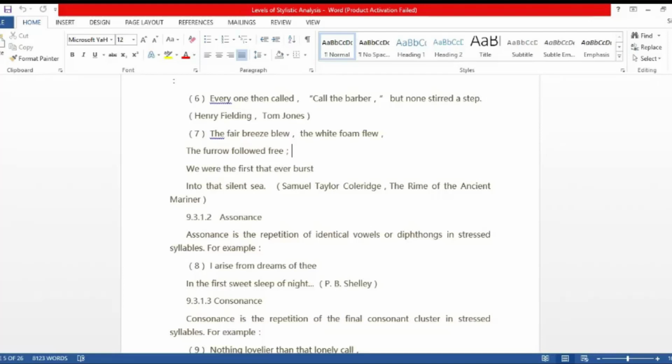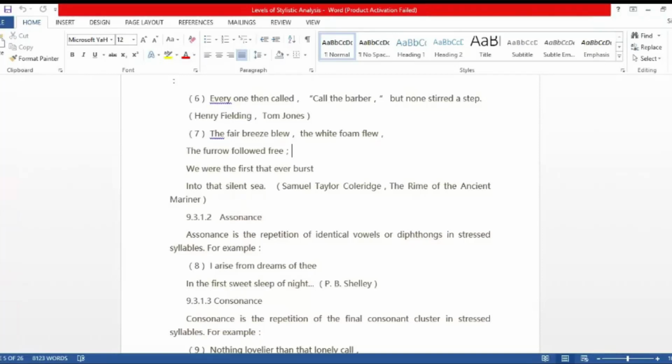If you focus on these lines, the fair breeze blew. Okay, let me listen to it very attentively. Then I'm going to pose a few questions to you, and I'm going to ask you to contrast it with another poetic line.